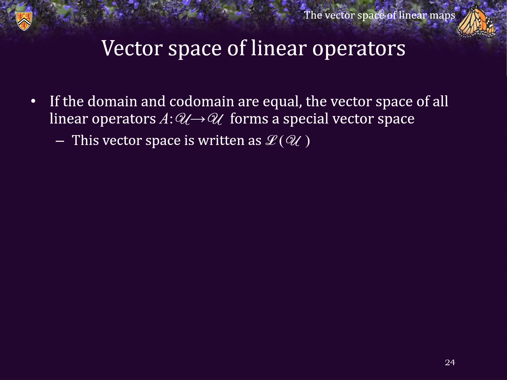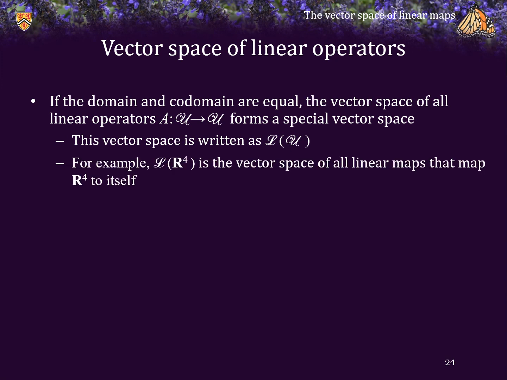This vector space is written as script L with the common vector space that forms both the domain and the codomain. For example, script L of R to the 4 is the vector space of all linear maps that map R4 to itself. That is, it is a collection of all 4x4 real square matrices.